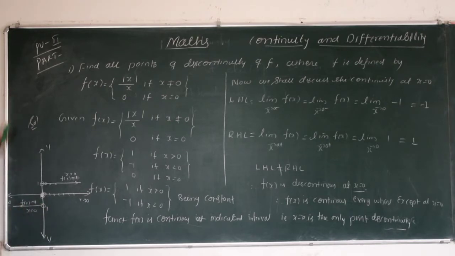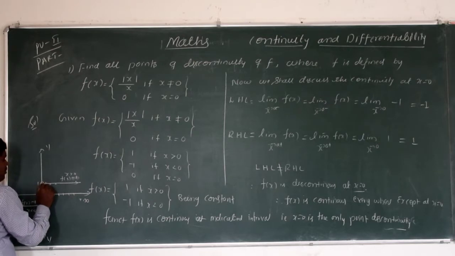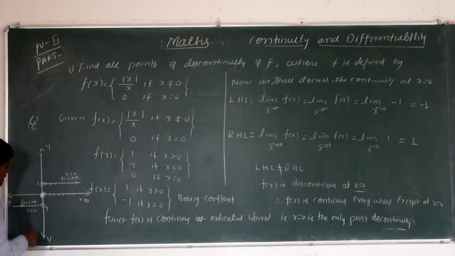See here, the given function is continuous. That means without lifting the chalk, we can draw the function from here up to infinity. Similarly, here to infinity. But it is not possible at x is equal to 0.